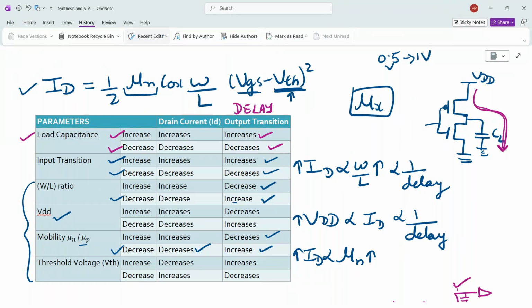So threshold voltage VTH is inversely proportional to ID. If I increase VTH, my ID decreases and the delay will increase. That is very clear. If I increase the VTH, output transition increases. If I decrease the VTH, output transition decreases.